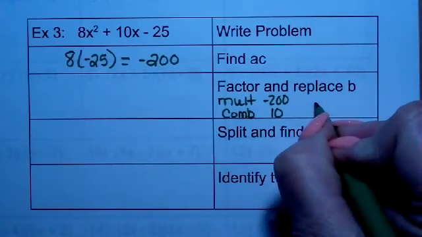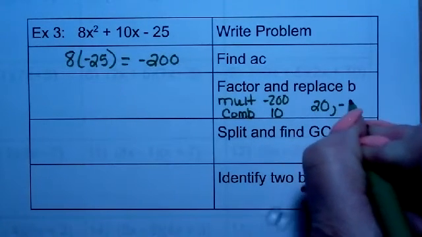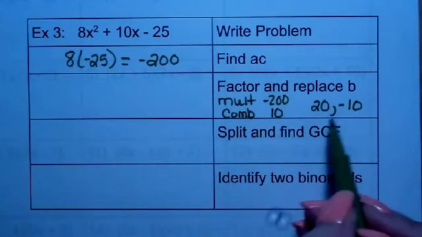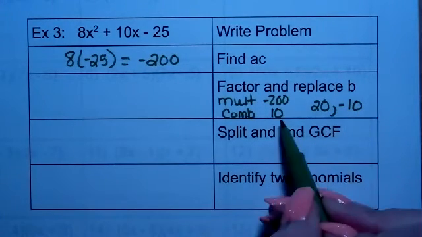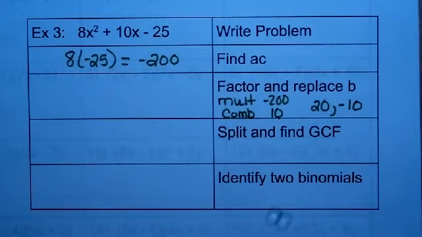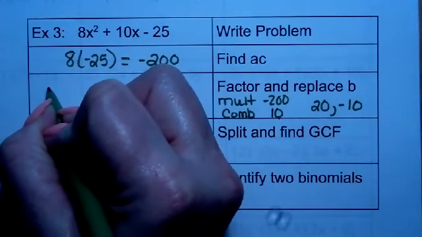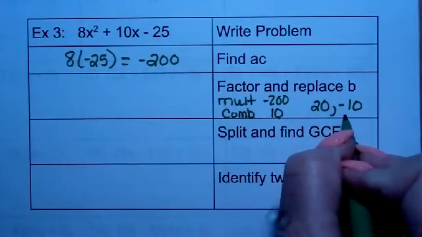So my two numbers are 20 and negative 10, because 20 times negative 10 is negative 200, but 20 minus 10 is 10.